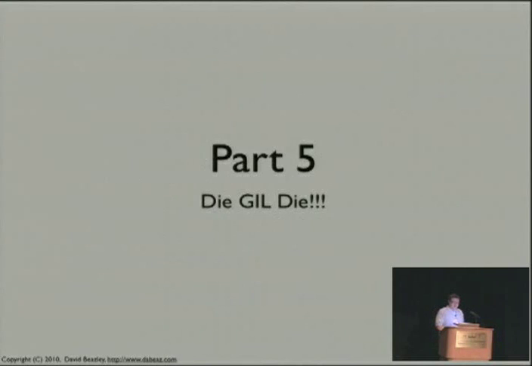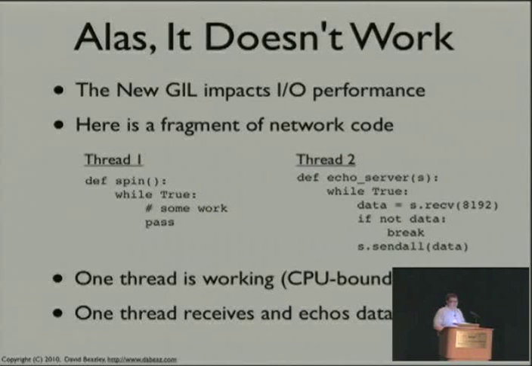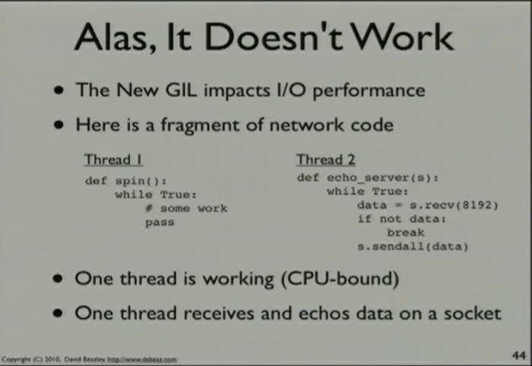The only problem is it doesn't quite work. This is the GIL part of the talk. It turns out that there is a diabolical impact on I/O performance in certain cases. Let me describe the setup. Let's say you have a thread that's doing some kind of work. We don't know what it is, but it's churning on the CPU.